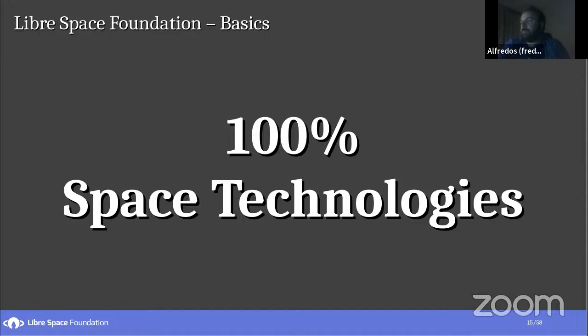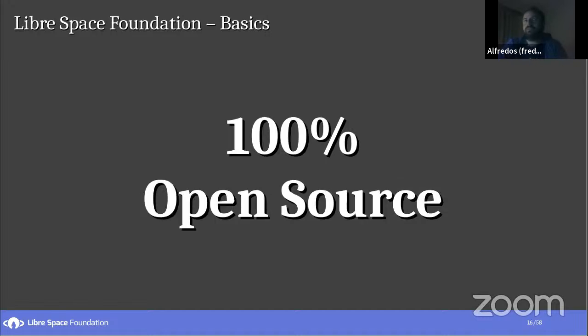As I said before, we wanted to make space accessible to everyone. So we couldn't do that if we weren't 100% open source. So whatever we do is open source. That means the software code we write, the hardware, all the designs, the schematics.